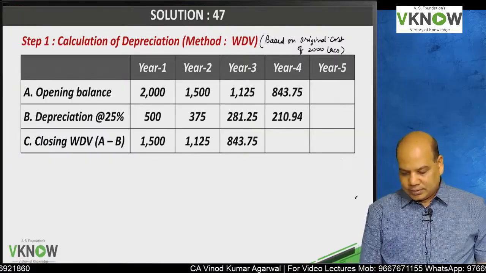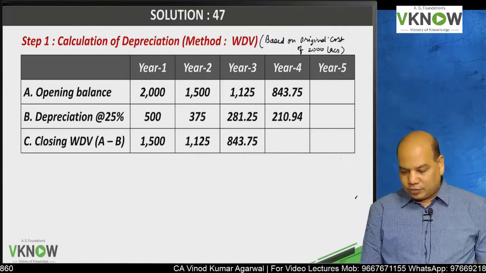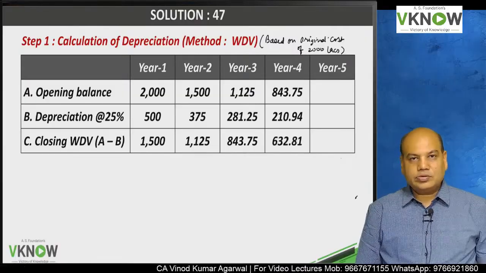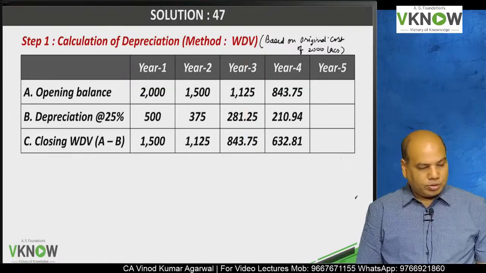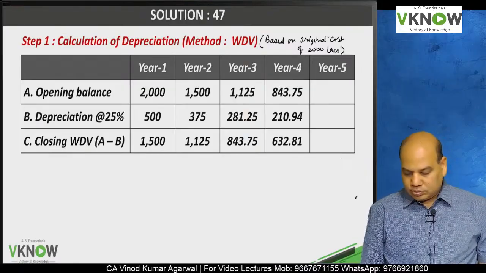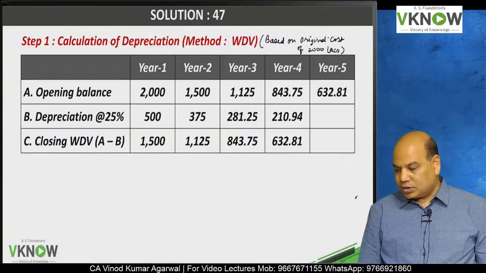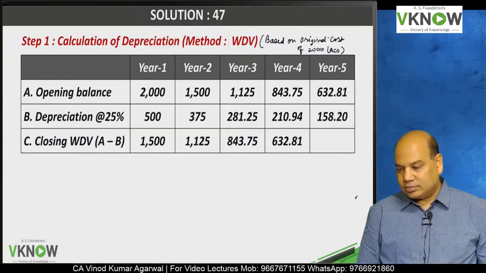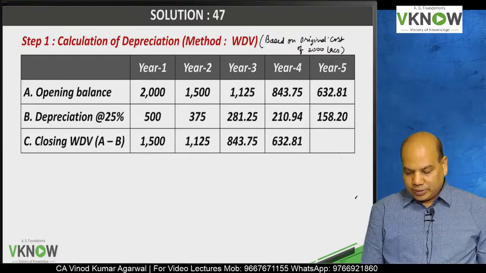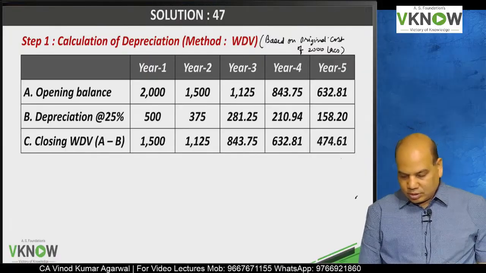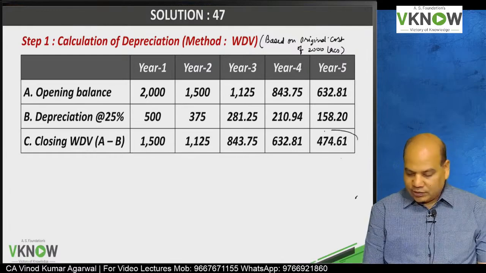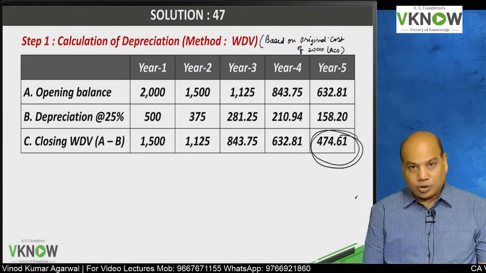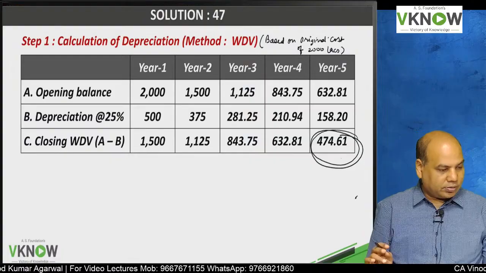Next, 843.75, depreciation 210.94, closing balance 632.81. Next column, opening 632.81, depreciation 158.20, and your closing balance is the same as the salvage value given in the second line of the question.